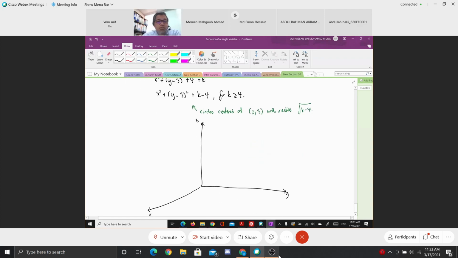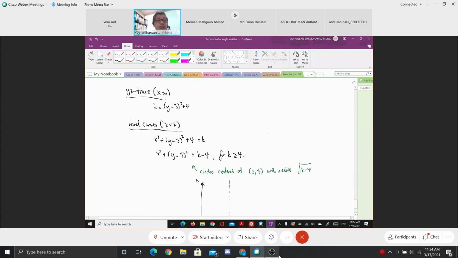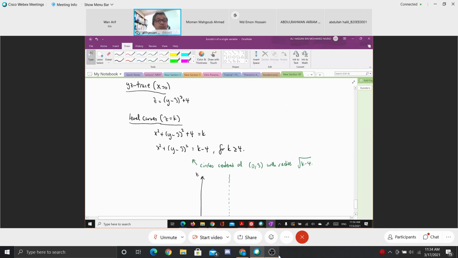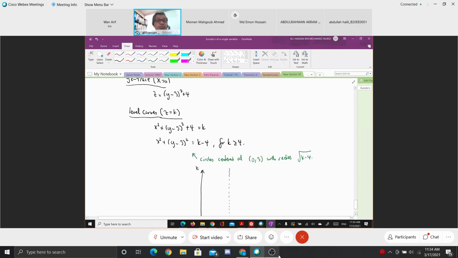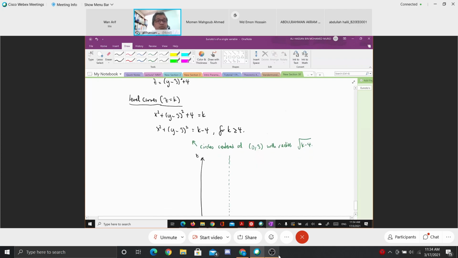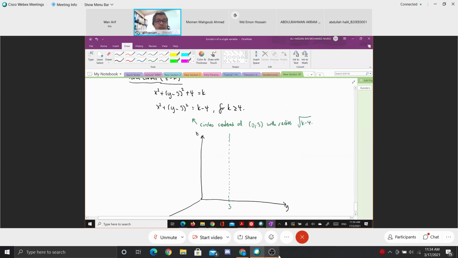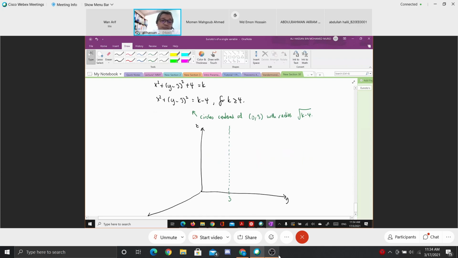So there are circles centered at (0, 3). Suppose this is the point 3 on the y-axis, let us sketch this one here. (y minus 3) squared plus 4. It's a parabola. So on the zy plane, when y equal to 3, z equal to 4.